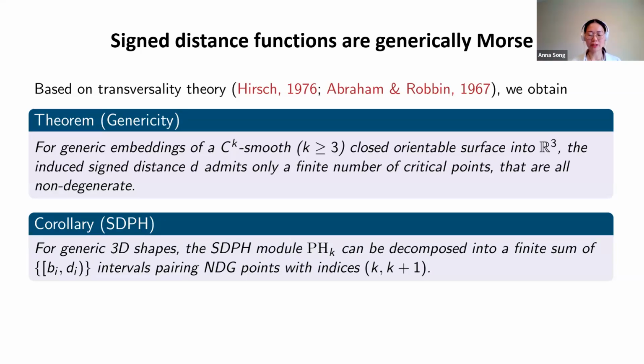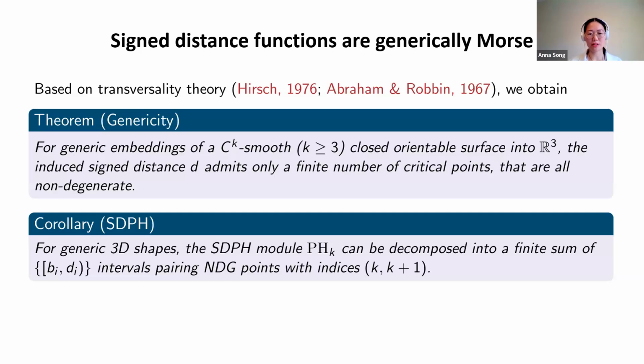So we derived a very strong result, which says that for nearly any way of embedding your surface, so now you're requiring a slightly smoother surface, k greater than 3, for generic embeddings of your surface, the associated signed distance function only admits a finite number of critical points, all of them being non-degenerate.